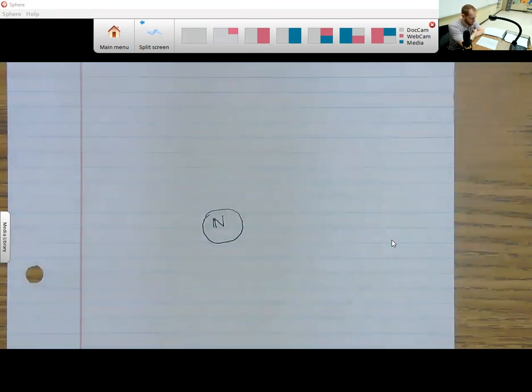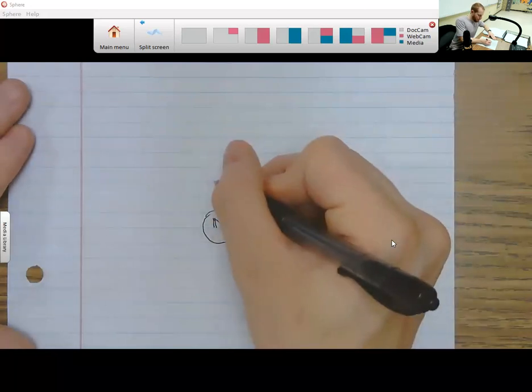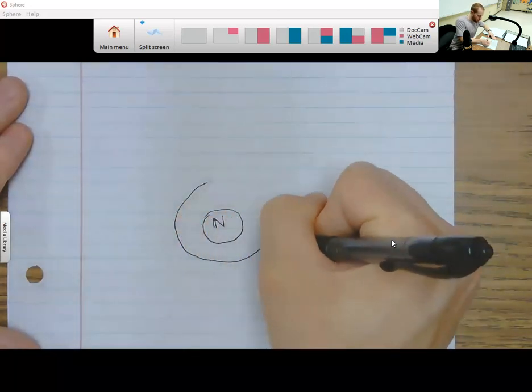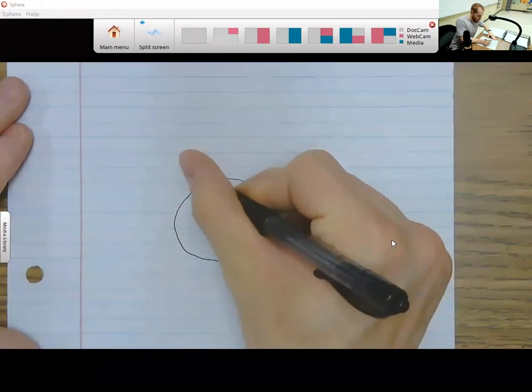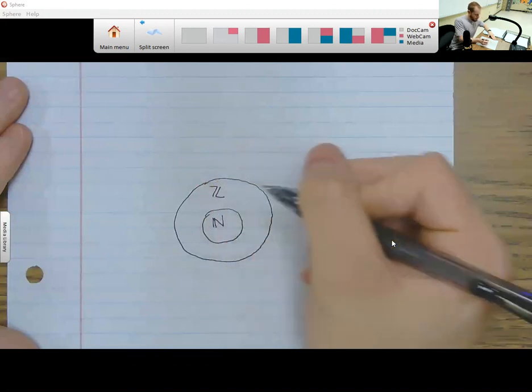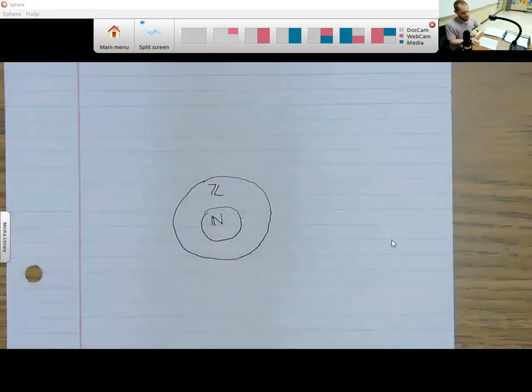All those numbers are in this circle, okay? But then we have a bigger set called the integers, right? This is the set of all negative and positive whole numbers and 0. So let's draw an even bigger set that contains N, and we're going to call it the integers, okay?